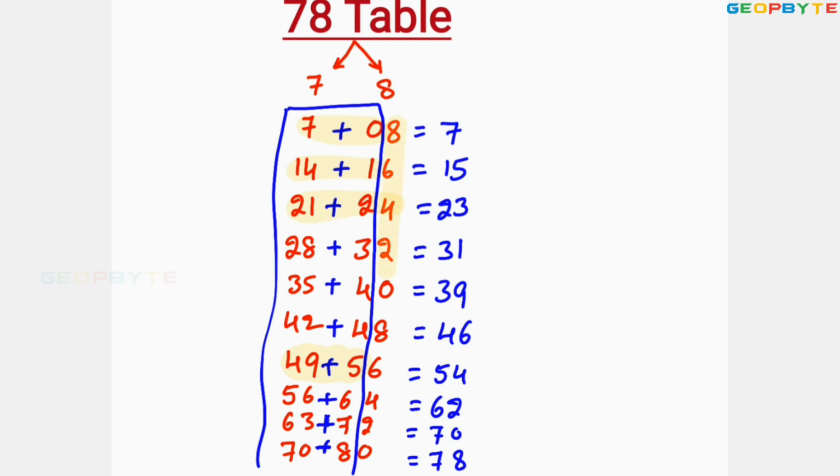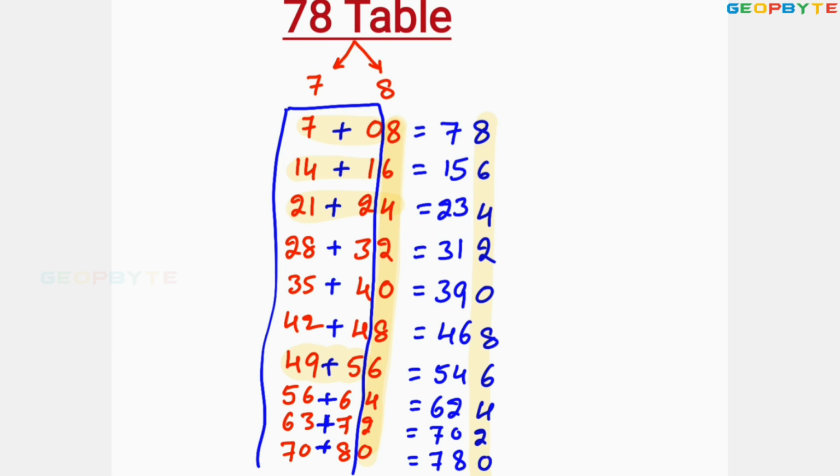the last column of digits you place here for getting the required table, that is 78 table. 8, 6, 4, 2, 0, 8, 6, 4, 2, 0.